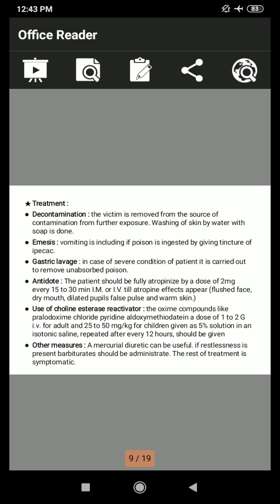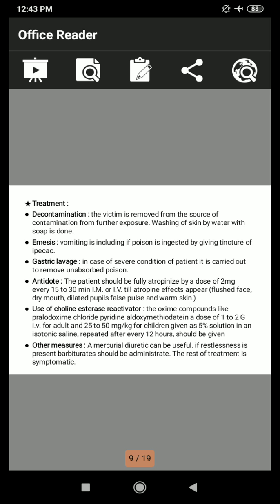First is decontamination. The victim is removed from the source of contamination to prevent further exposure, and washing of the skin with water and soap is done. Then emesis. Vomiting is induced, if the poison is ingested, by giving tincture of ipecac.